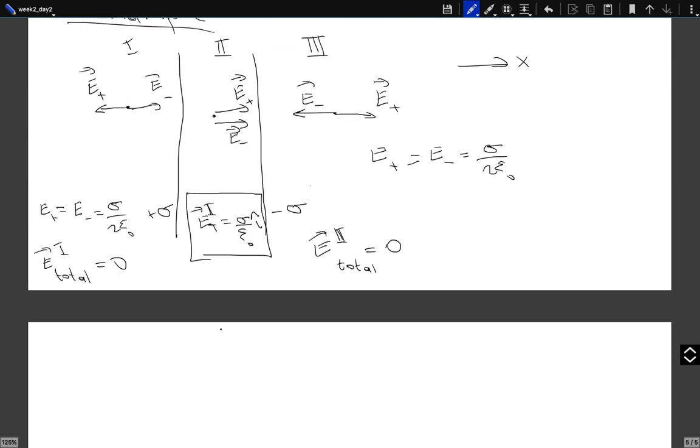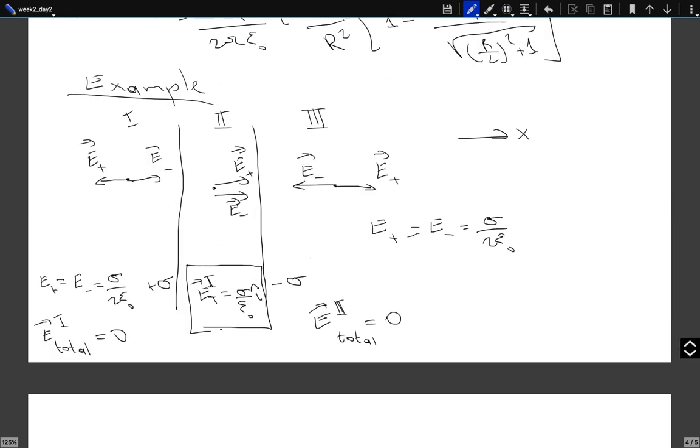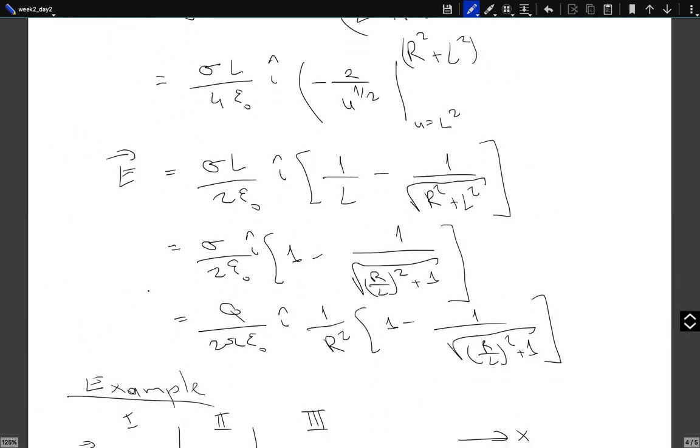When was the last time any one of you had seen an infinite plate? They basically do not exist. So these results are approximate. Now let's look at how approximate they are.